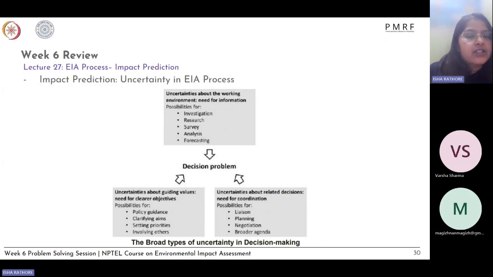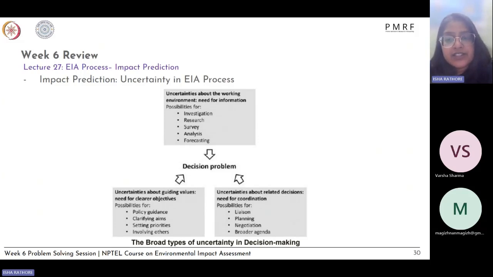In terms of guiding values, the project team needs to define clearer objectives, whether they're going to aim for meeting the policy guidelines or what their aims are. They have to set their priorities on which environmental impact or parameter needs to be more focused on and is more critical for this project, and how they are going to involve others, experts, and stakeholders in that project.